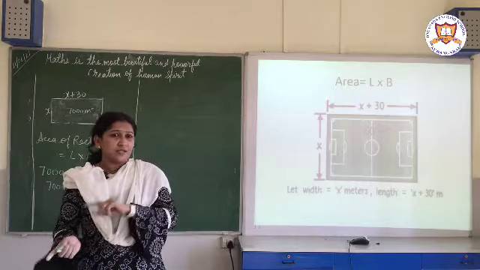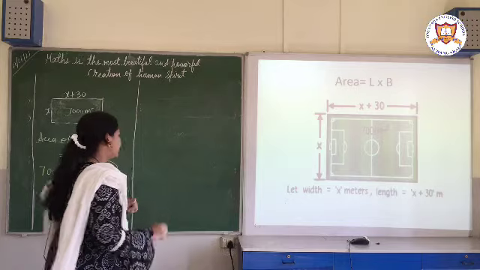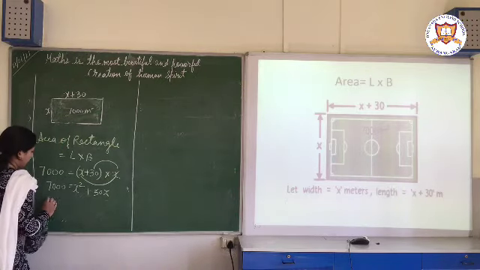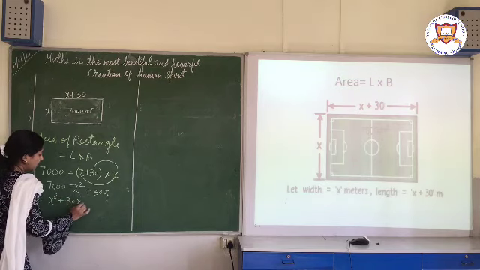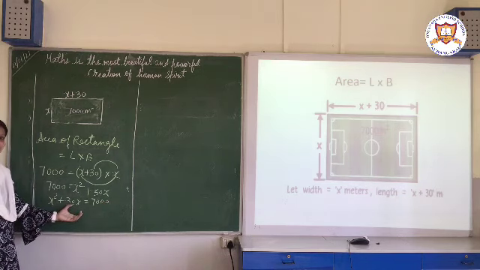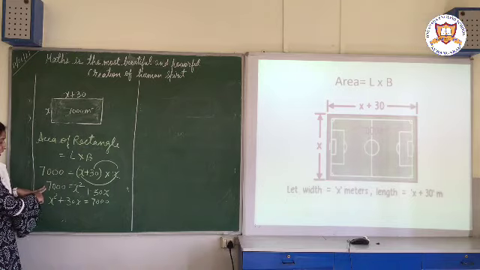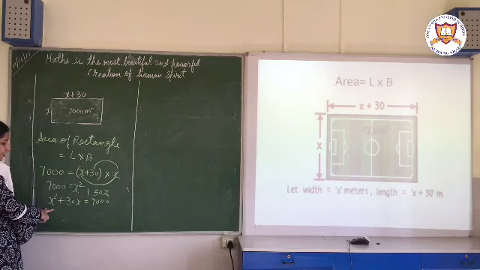Suppose here it is in plus sign, so there also it will be in plus sign only. But when you are doing transposing, if I write x square plus 30x is equal to 7000, here I had done interchanging. 7000 was in addition, and here also no signs are changed.